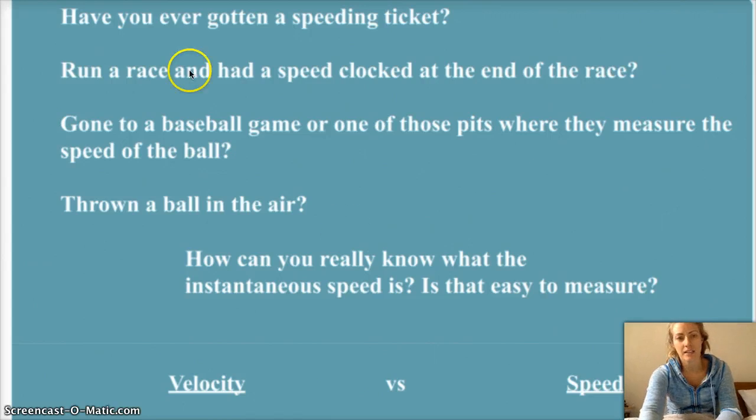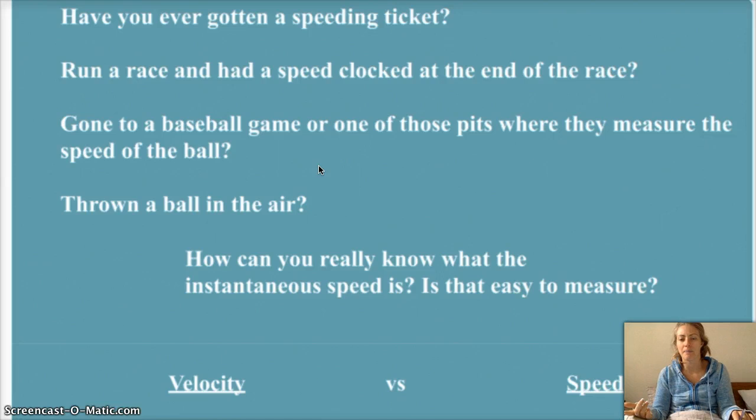So things like speeding tickets, running races, and having a clocked speed, like those baseball pitch machines where you throw and it tells you the speed of the ball. That's instantaneous speed. Sometimes it's hard to measure. It's easier to measure average speed, or average velocity, because you can take the distance that it traveled divided by the time it took to get there.